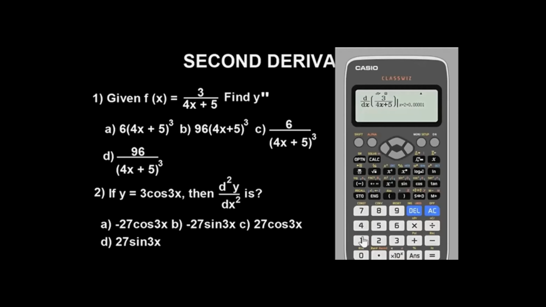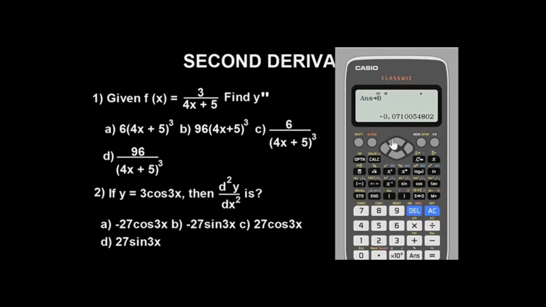Okay guys, once you have done this, you press equal to and it will display this. So this is the value for the second derivative. So right now what we're going to do is to store this value as our B. To store it as B, you press store and this is alphabet B. So guys, it indicates here that it has been stored as B.